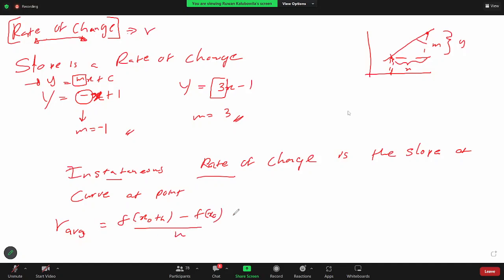If someone asks for the rate of change instantaneously, then R equals the limit as h approaches 0 of f of x naught plus h minus f of x naught, divided by h.